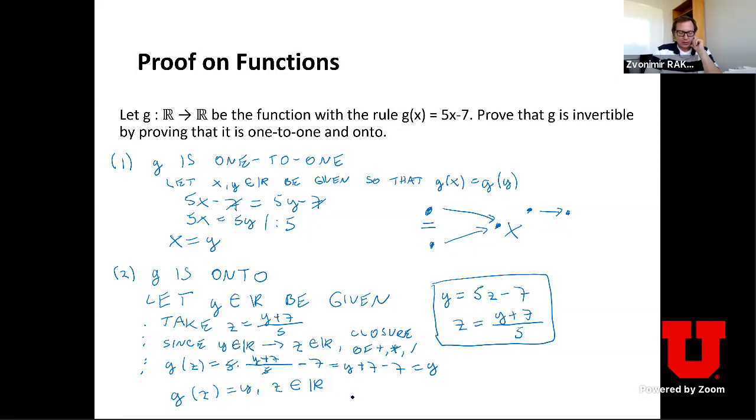You can pick this z to be whatever you want as long as g of z is equal to y.